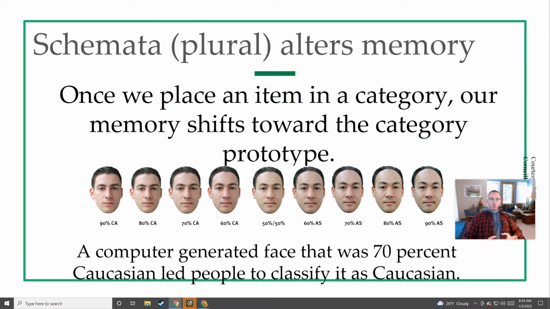Once people put that face into one schema, they then remembered it as the far end of the schema. So a computer-generated face that was 70% between the Caucasian and AAPI individual, if people placed it in the Caucasian bin, they then remembered it as more Caucasian. I think that shows us the dangerous power of our schemas, and especially dangerous when applied to individuals, right? We've talked about this.